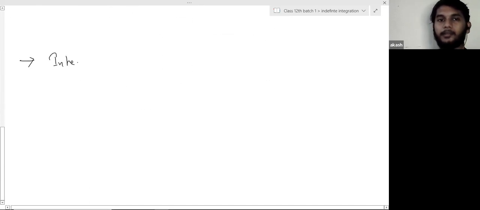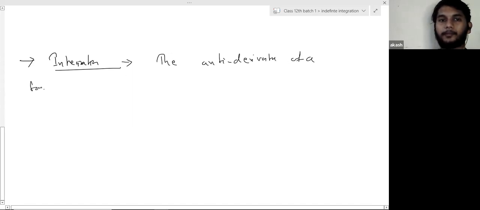Even the definition of integration is that. What is integration? The antiderivative of a function, or the opposite of differentiation.